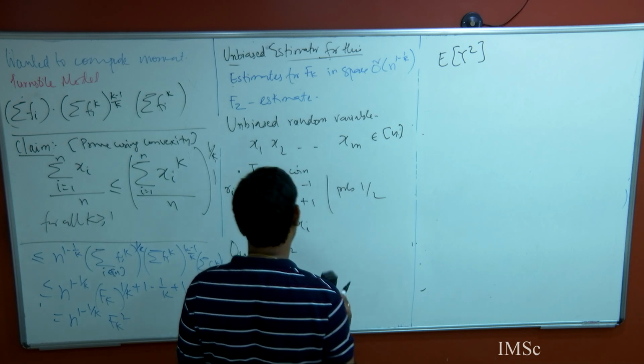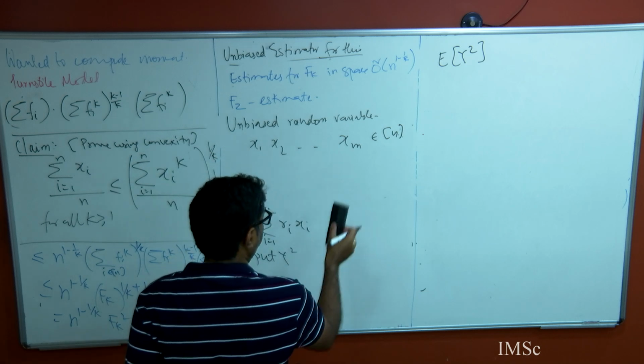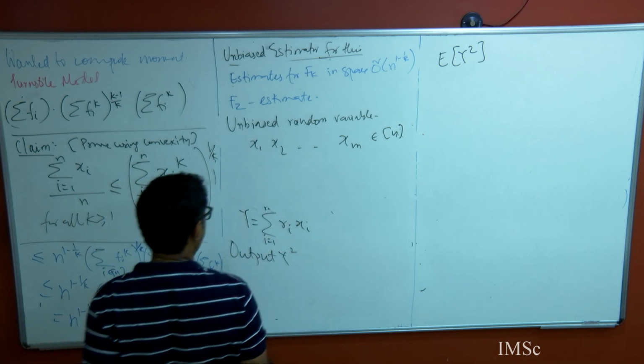I think I'm not doing something correctly. Okay, so I know they are from 1 to n.